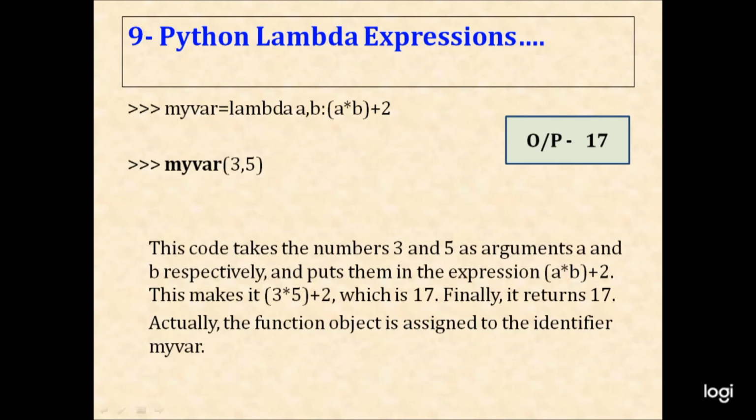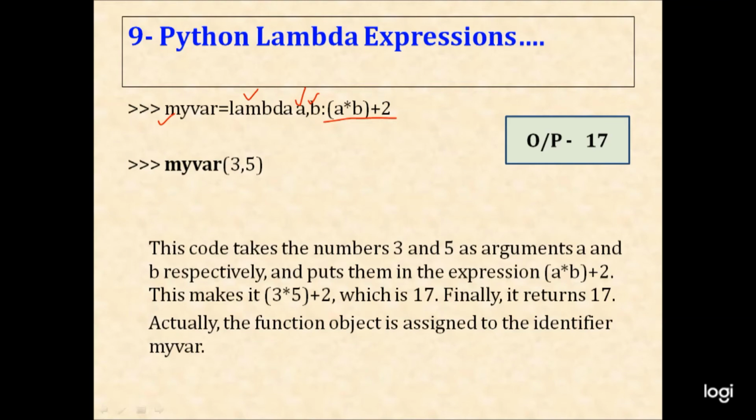First of all, the name of the expression, myVar or variable name, myVar, lambda keyword, arguments are a and b colon, this expression: a into b plus 2.